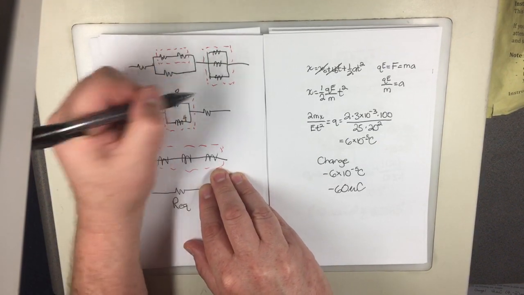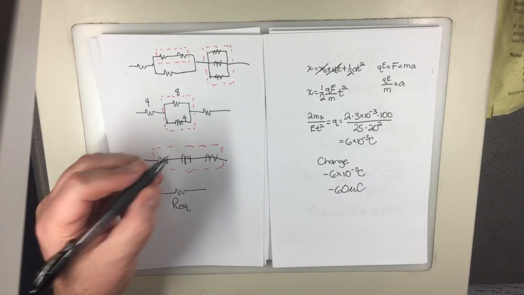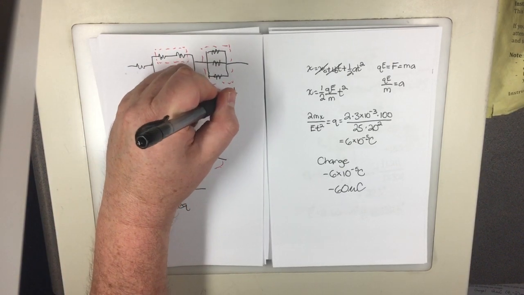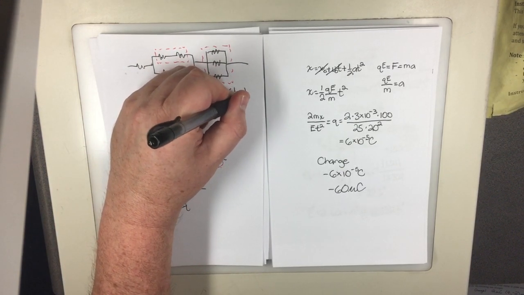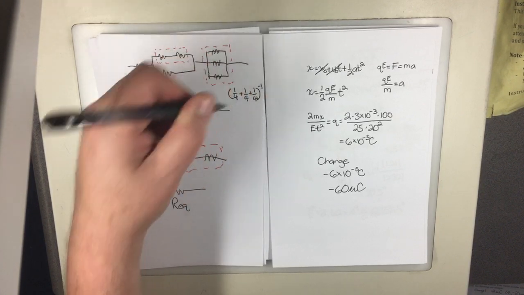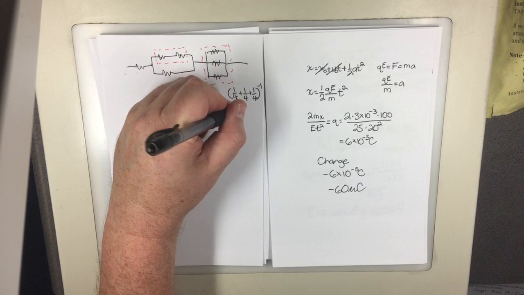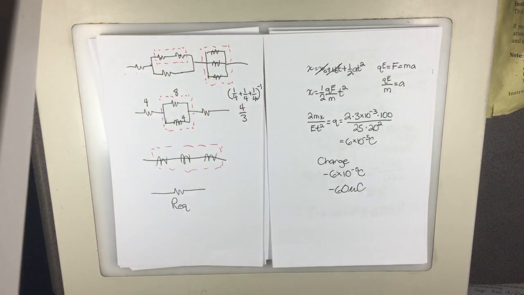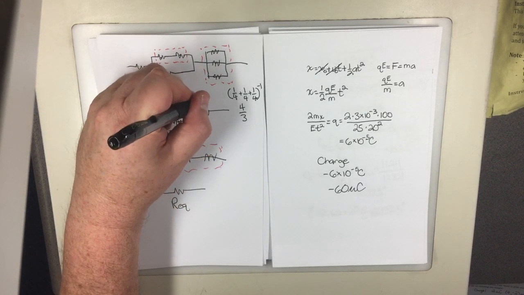These are 3 resistors in parallel, so it becomes 1 over 4 plus 1 over 4 plus 1 over 4 inverted, which becomes 4/3. 1/4 times 3 is 3/4. Invert it, you get 4/3. So that makes this 4/3.